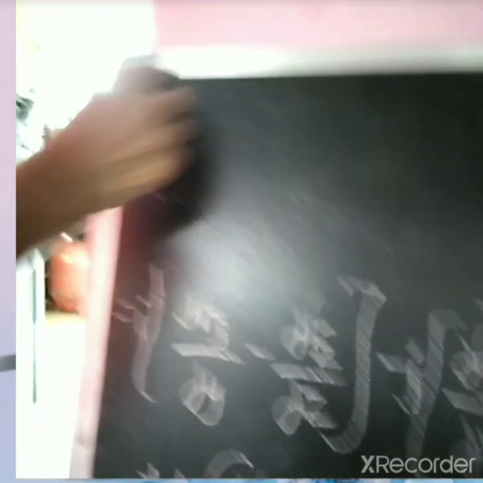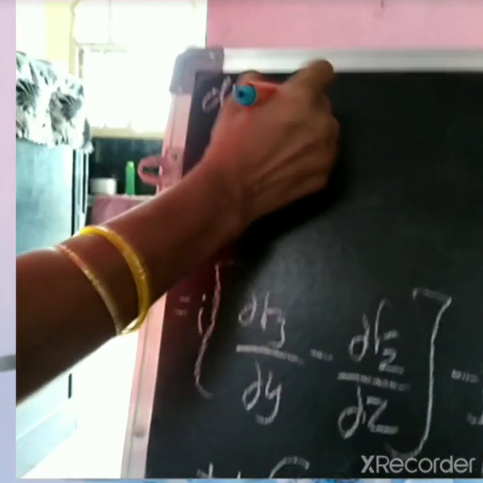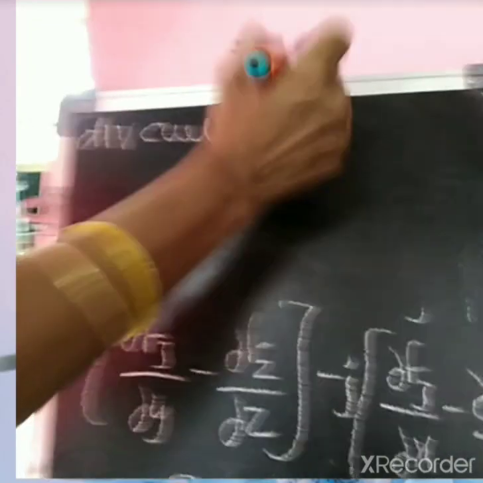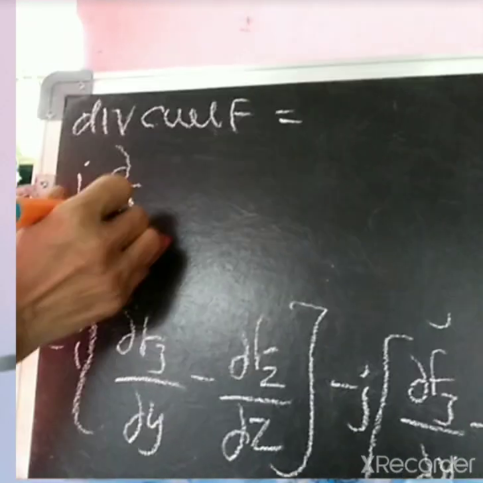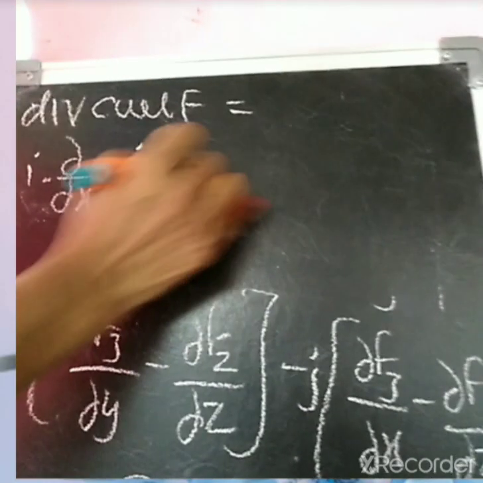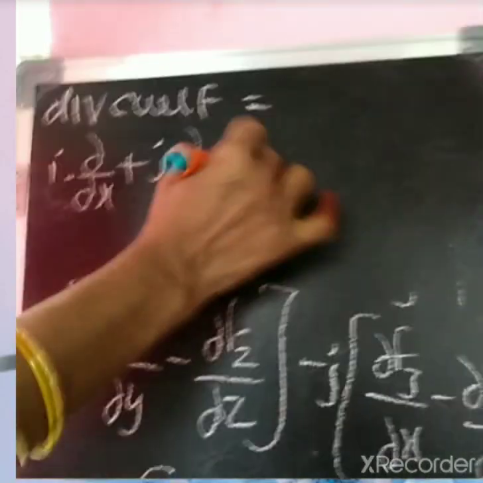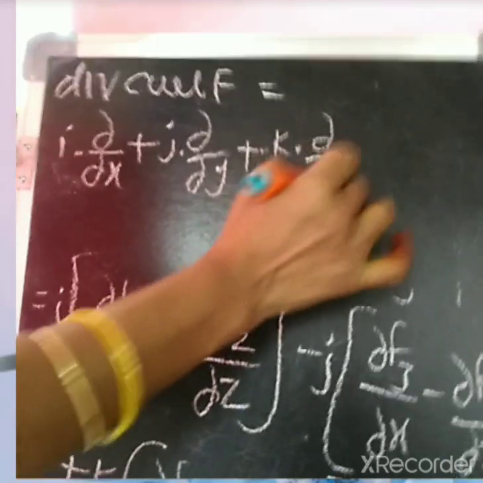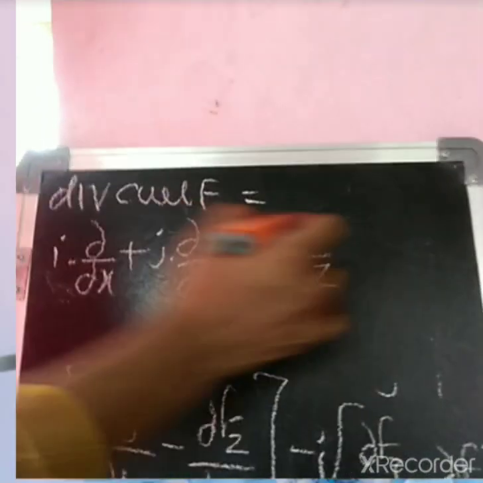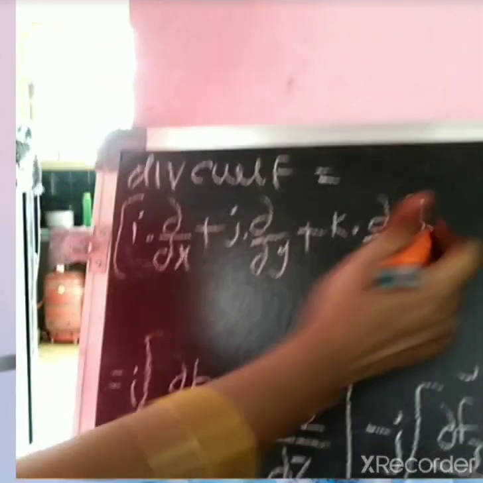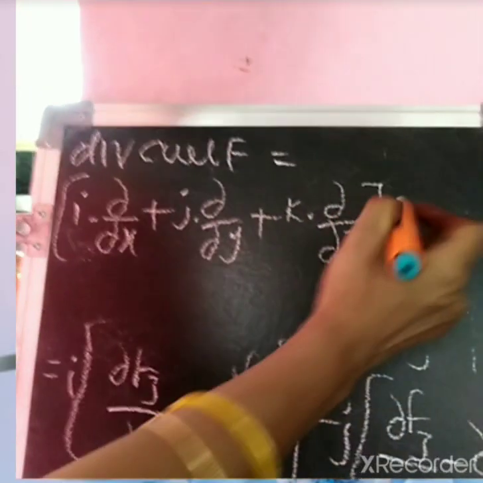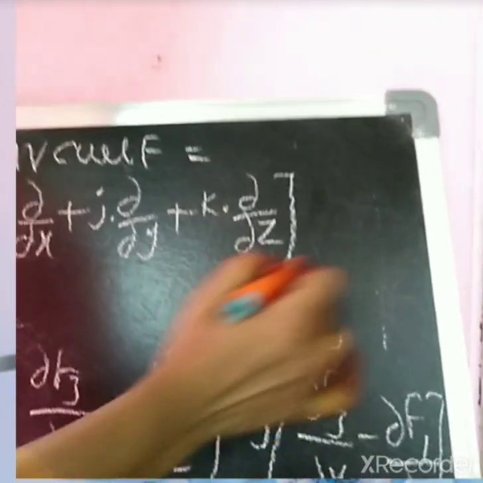So div curl f is equal to div of curl f, and div means i dot dou by dou x plus j dot dou by dou y plus k dot dou by dou z, or i dou by dou x dot product. We can write it same as this one.